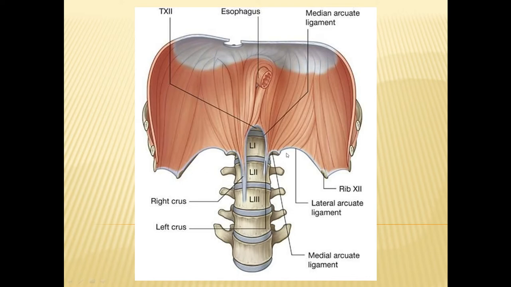Psoas major. The lateral arcuate ligament is formed over which muscle? Quadratus lumborum. And the medial parts of these two crura, right and left, join in between and form the median arcuate ligament.